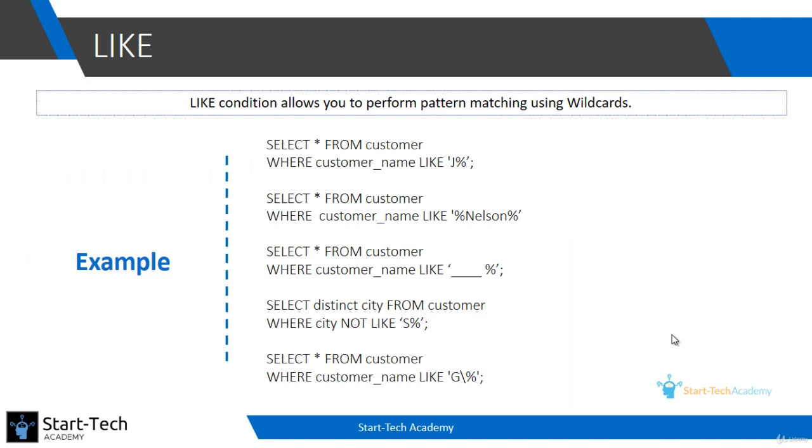Suppose we want to find the customers whose name starts with J. This is the syntax: select everything from the customer table where customer name is like J and anything after J, so it is J%. Let us go and write this query in SQL.